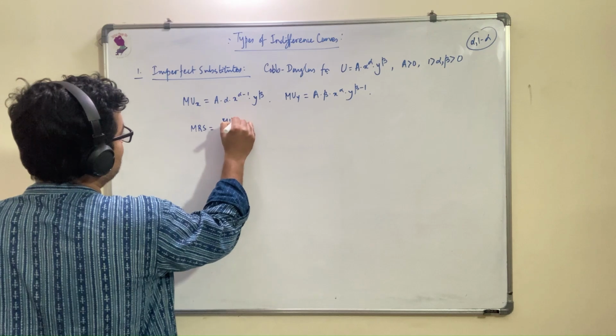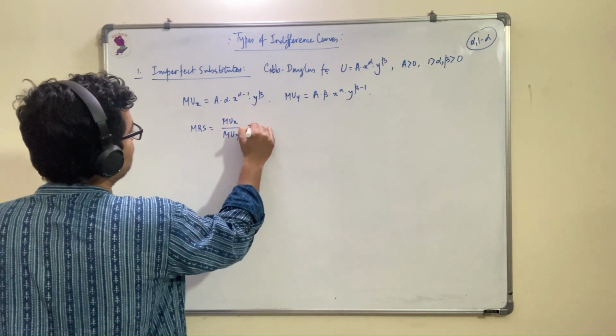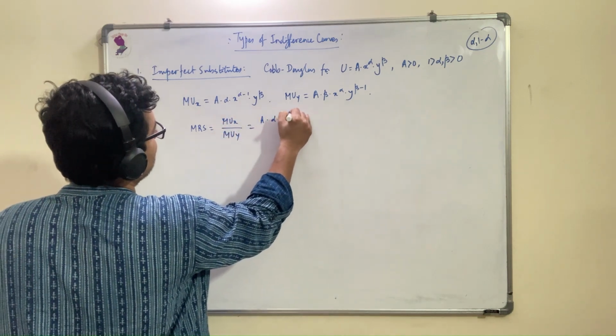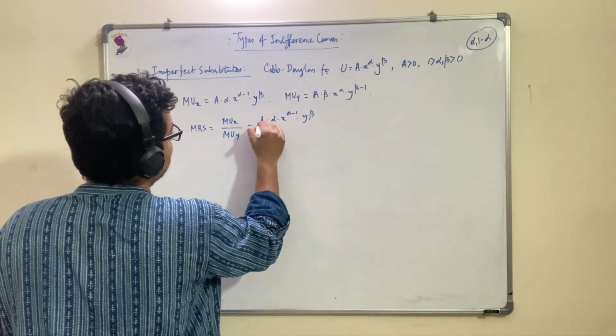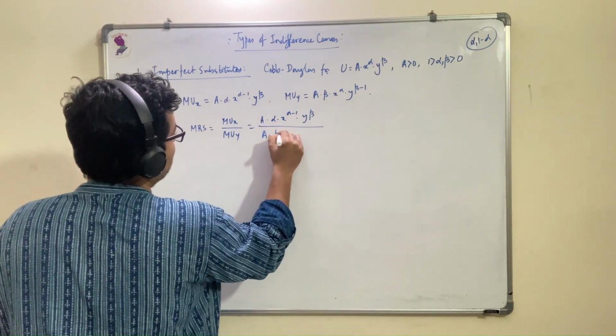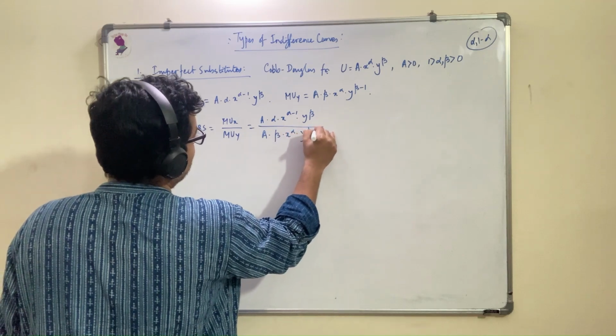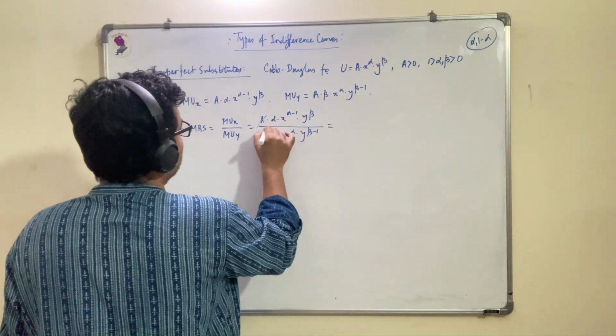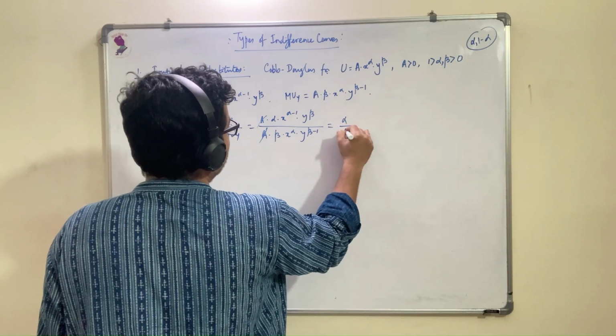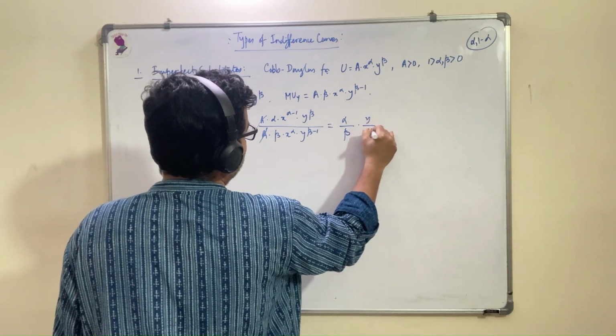So MRS, we can take the ratio: A into alpha into x to the power alpha minus 1 into y to the power beta, over the other marginal utility, which gives alpha by beta into y by x.